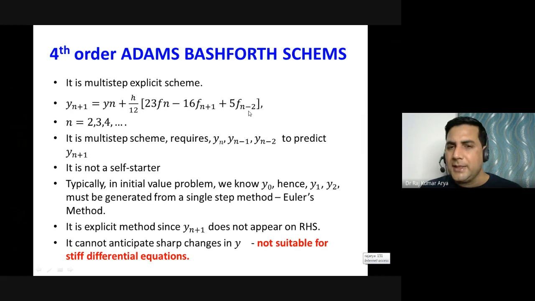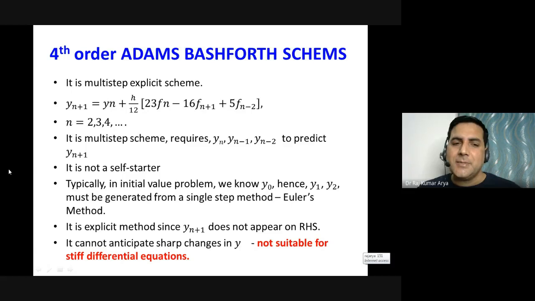So you are getting f0, f3, and f2, but f1 is not there. Yes or no? Correct? So this particular method will not start on its own. It needs f1 from somewhere. Correct or not?